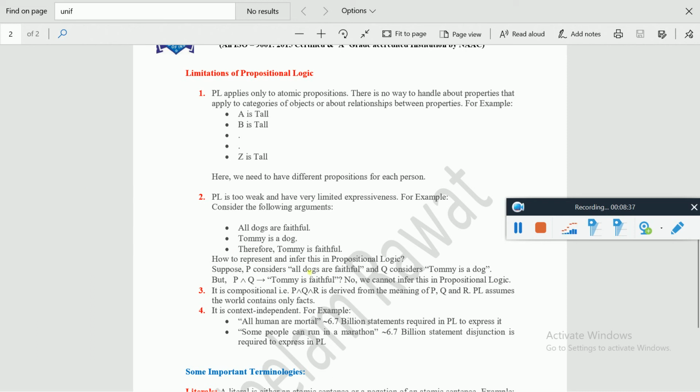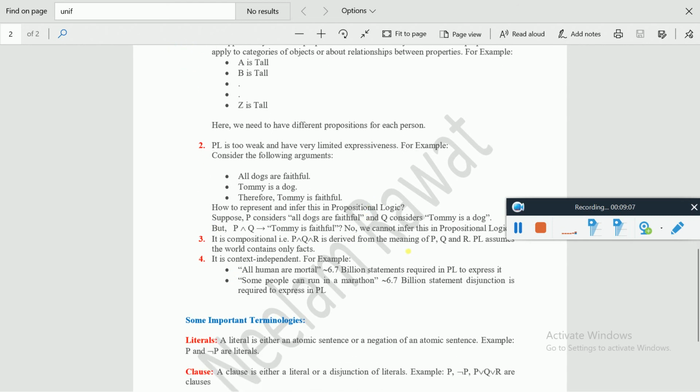If I said P stands for all dogs are faithful and Q stands for Tommy is a dog, then P and Q cannot represent Tommy is faithful. So here propositional logic cannot work on the meaning of those sentences. So the low expressiveness of propositional logic would be one of the limitations.